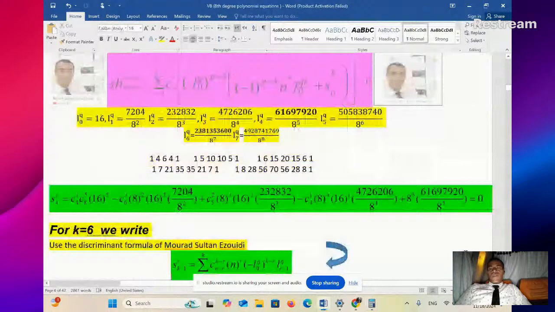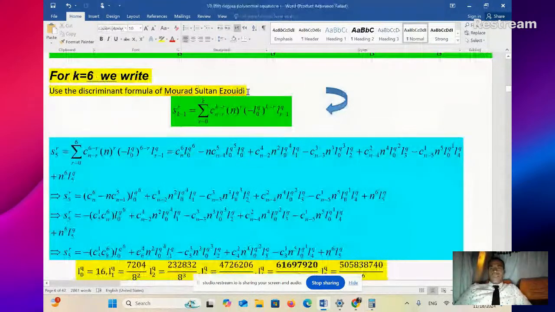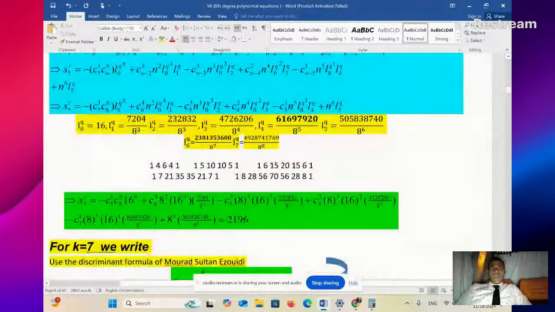I'm going to substitute k equals 6 in the second formula. So this one, learners, is going to be S subscript k minus 1 over r equals the sum from 0 to k of the combination n minus r choose k minus r, raised to the power r, cubed, k minus r times l r minus 1, is going to be equal to S5.